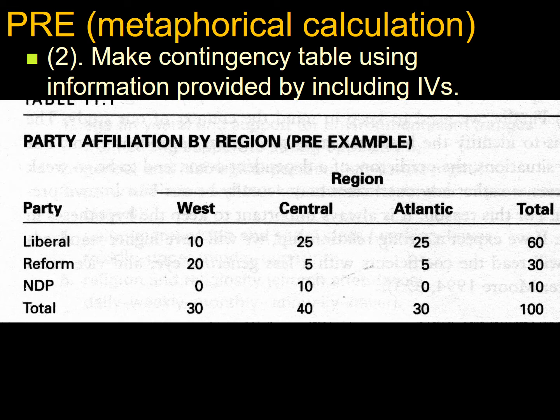For the Central region, we have a marginal at the bottom, a marginal is basically a value on the outside of the table, typically as a part of a total. We have 40 minus 25 because the Liberals are the largest block in the central geographic area. So it's going to be 40 minus 25 is equal to 15.